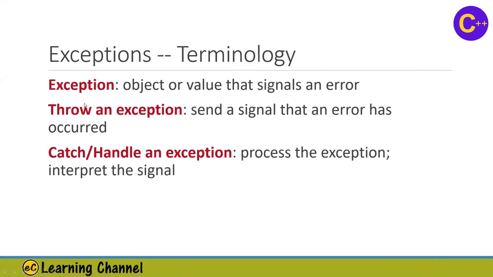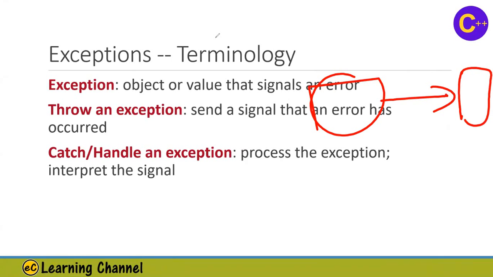Okay. Exception terminology. An exception can be an object, data, a signal, an error, and you can throw an exception. So there's an exception object or value. Second, there's a throwing mechanism that sends a signal that an error has occurred. Third, you need to handle it. So three things are involved in an exception: one is the object itself, the other is to throw it, and another is the handler.